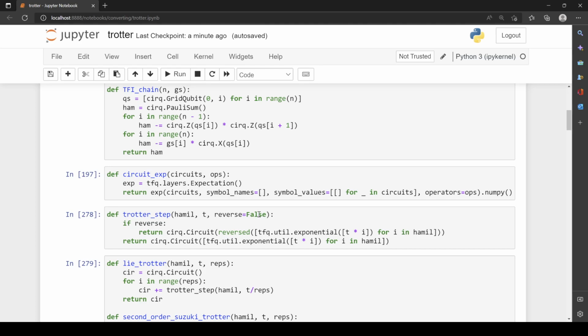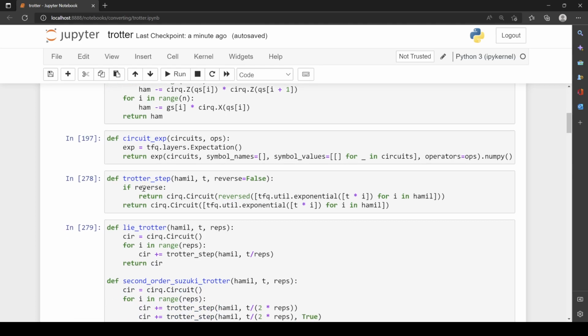But anyway, then we have our Trotter step. So we have a circuit that does the exponential, where this is e to the negative i h bar, e to the negative i H t, where t is going to be our time.